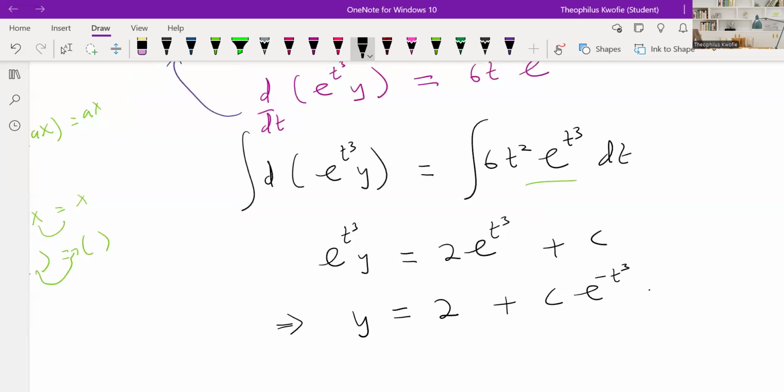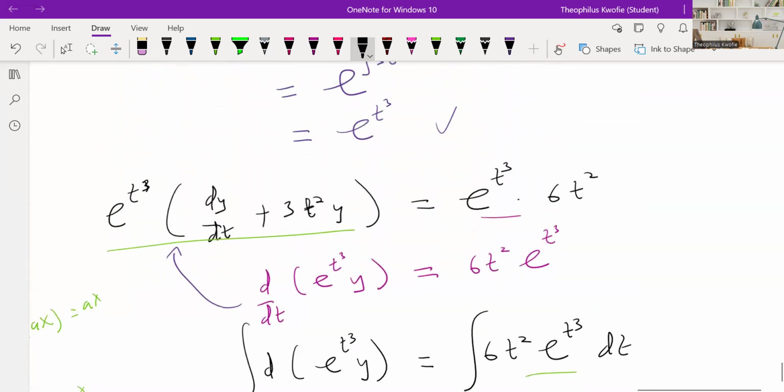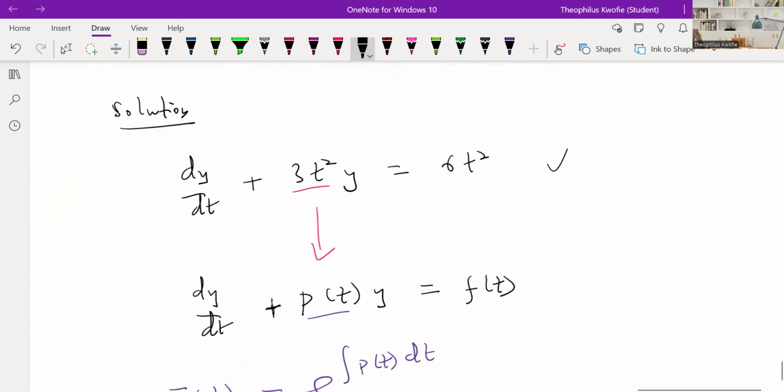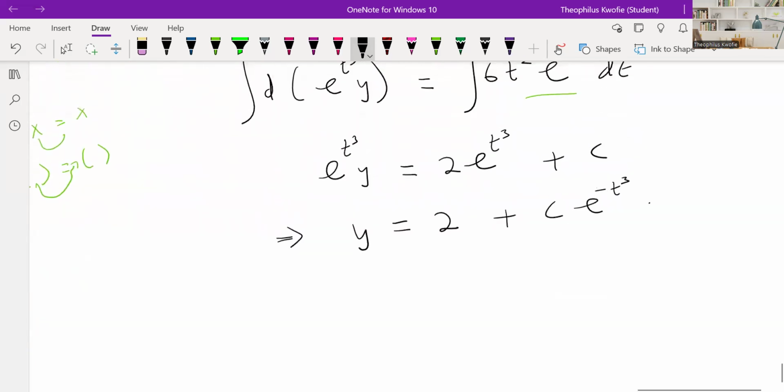Does that make sense? This is just a general solution, not a particular solution, because our problem was not subjected to a particular condition. So the solution to this problem is this particular one.